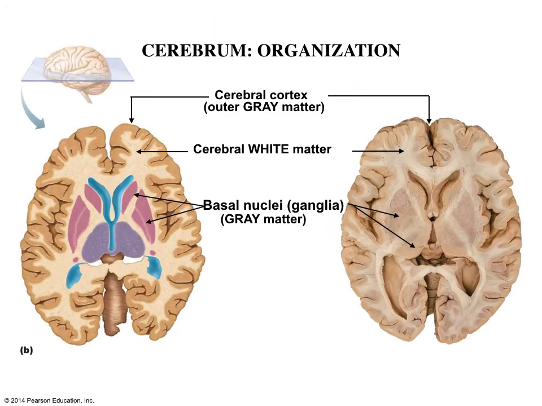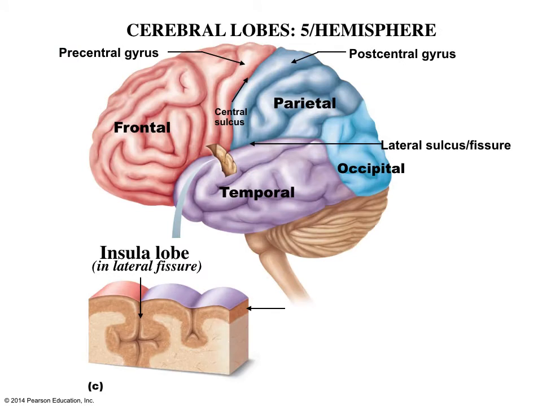Organization of the cerebrum from outside in would be outer gray matter, cortex, middle white matter, and deeper lying basal nuclei, and that would be gray matter. So gray, white, gray.